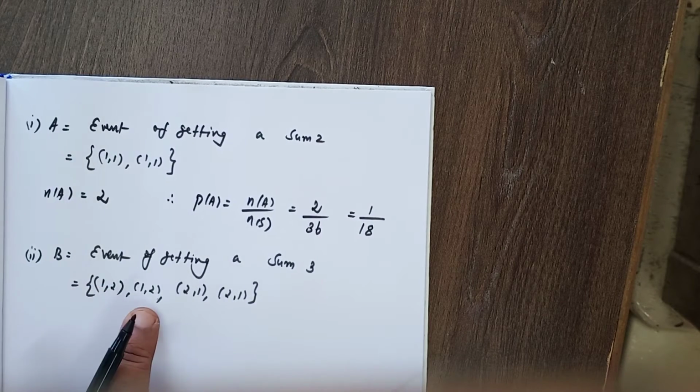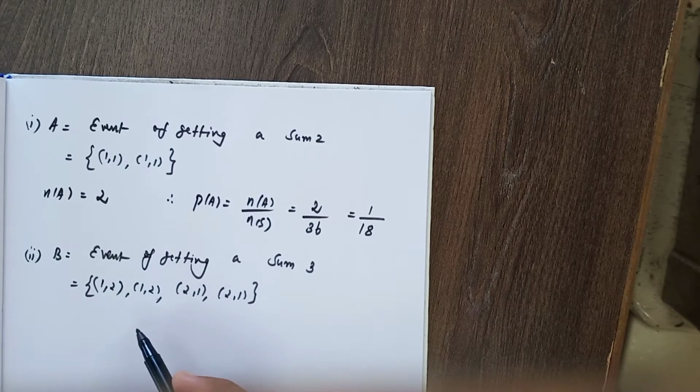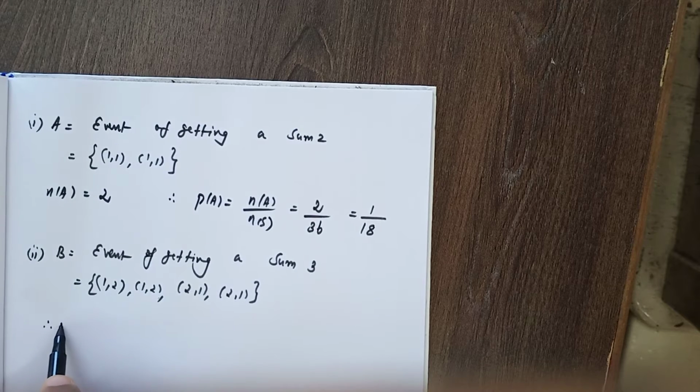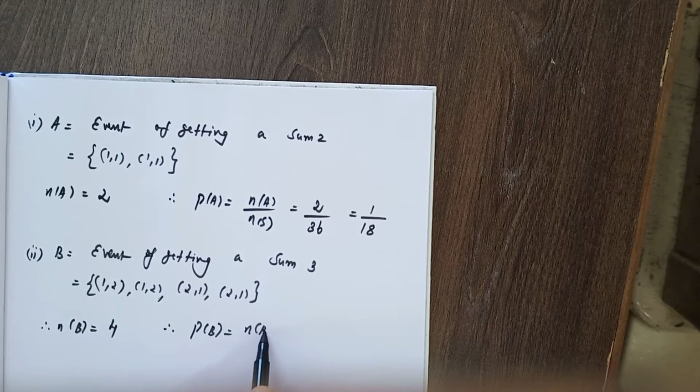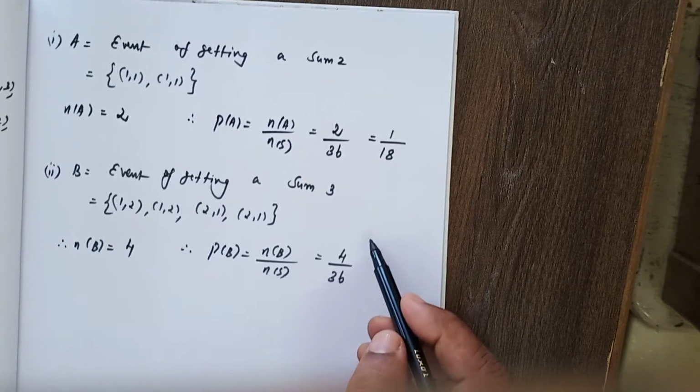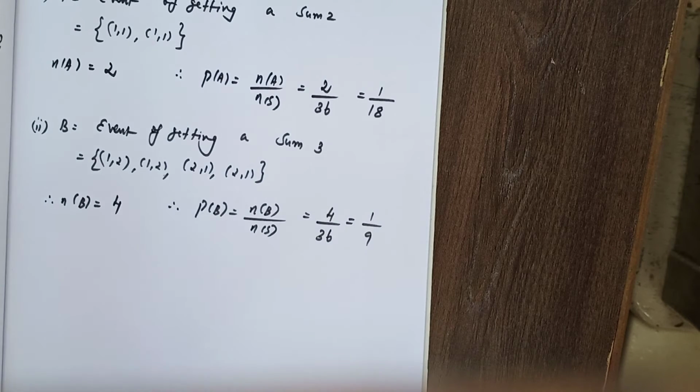So 1 plus 2 is 3, each and every one totals 3. Therefore n of B equals 4. Therefore P of B equals n of B divided by n of S. 4 divided by 36 can be simplified by the 4 table: 1 time, 9 times, so 1 by 9.